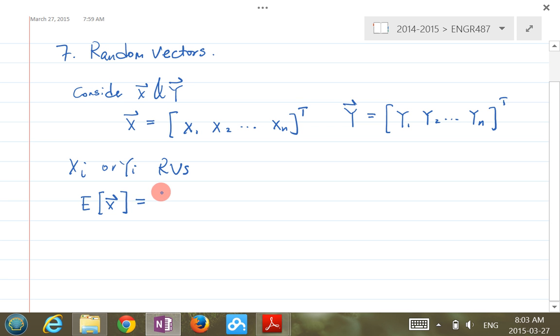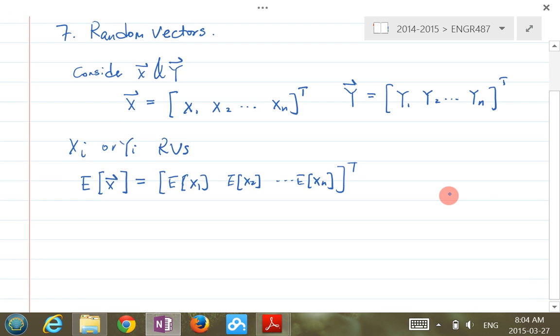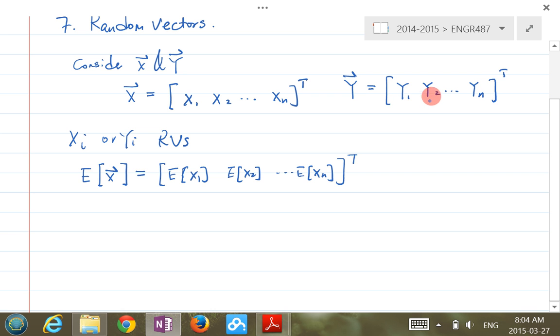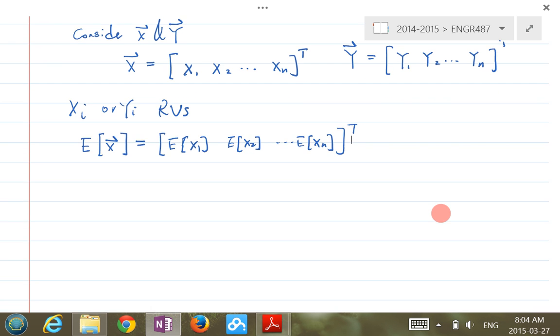It's equivalent to say it's the expected value of x1, x2, and xn. And the same thing for the random vector y.